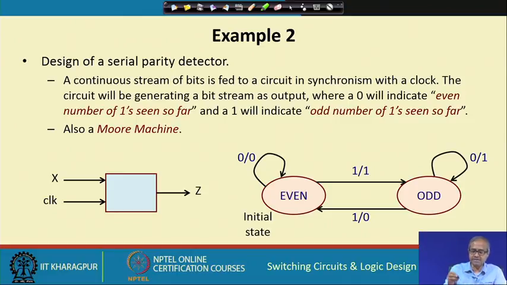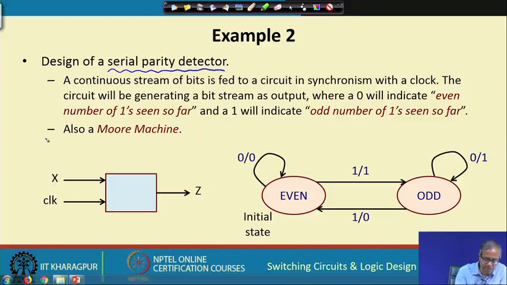This problem is that of a serial parity detector. So, what is this problem? You first look at this circuit. This circuit has an input x and an output z.